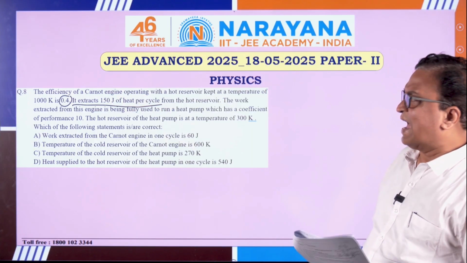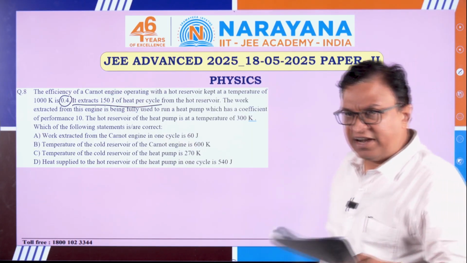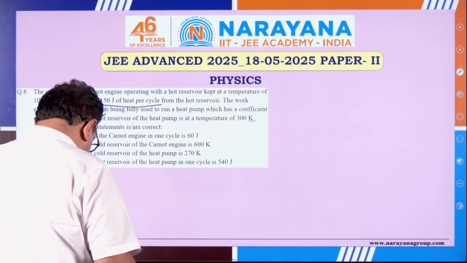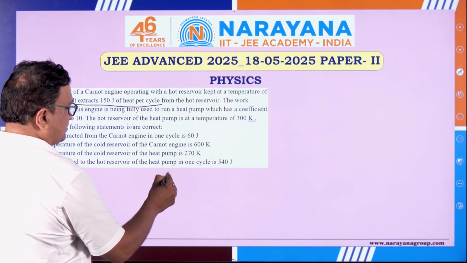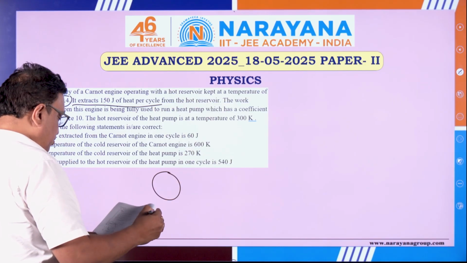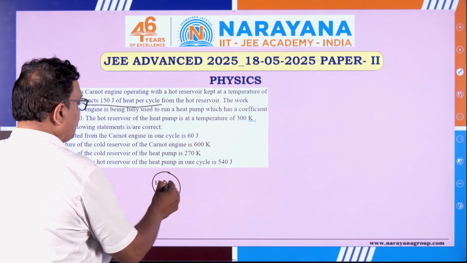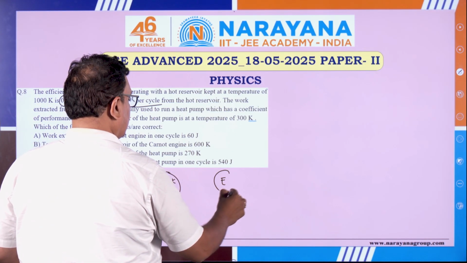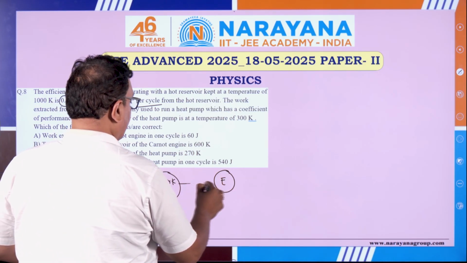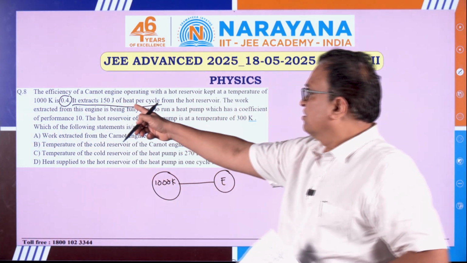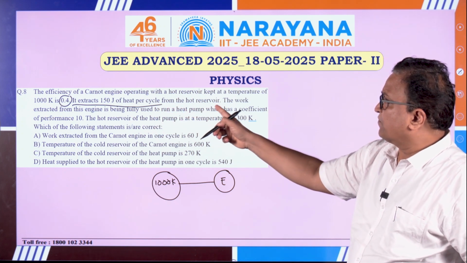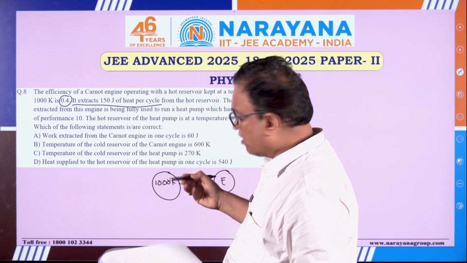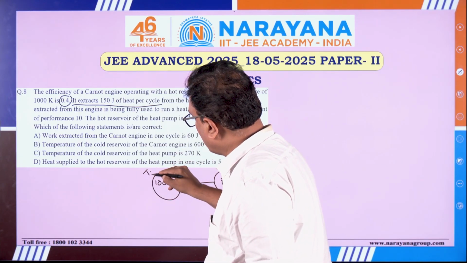Let me first analyze this properly. A detailed analysis is required. Now, I am assuming it like this. You have 1000 Kelvin and here is your engine. It extracts 150 joules of heat per cycle from the hot reservoir, T hot.